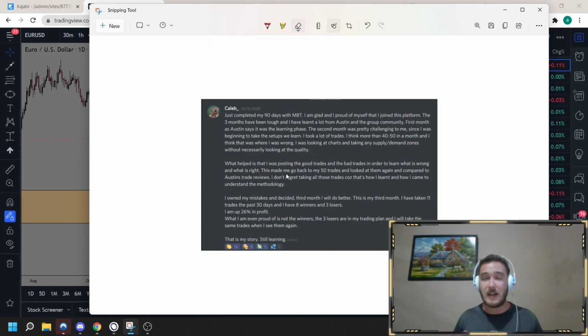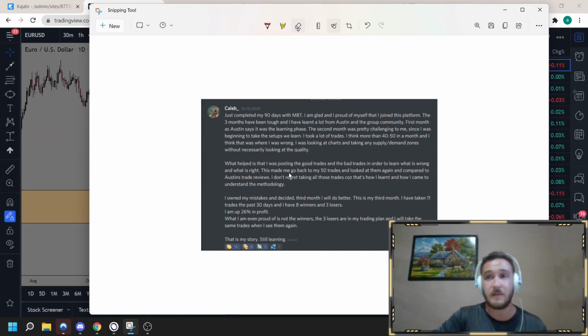Now, during that third stage, you're probably going to make 2 or 3 errors here and there, but if you imagine a gem, you're just starting to file that gem off. You've got a good gem, you understand the good trading setup, you've got a trading plan. It's not polished, but it just needs a couple more shavings around the gem to make it a nice polished gem, and that's exactly what he did, and he's up 26% in the third month.